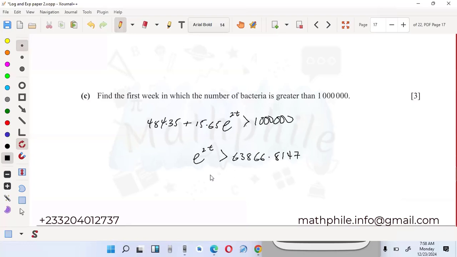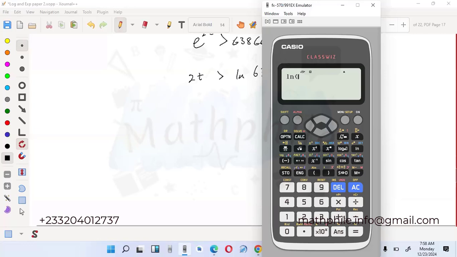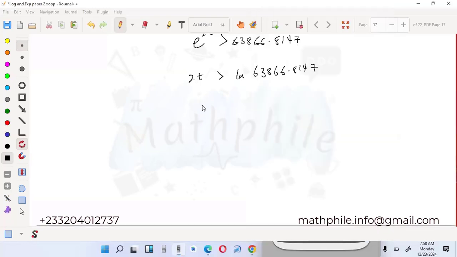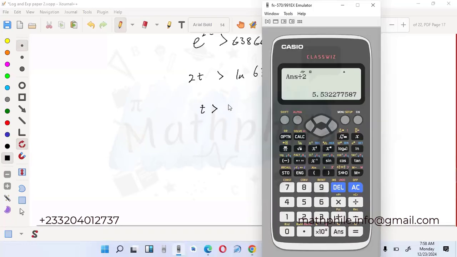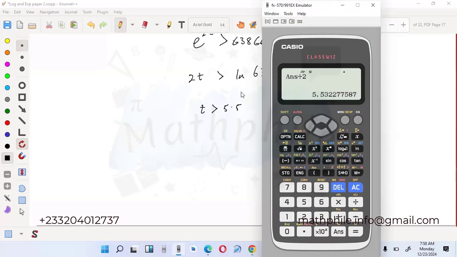Okay, so if you take ln of both sides, you get 2t greater than ln 63866.8147. So let me take ln of the answer, then divide by 2. So the number of weeks should be greater than 5.532.